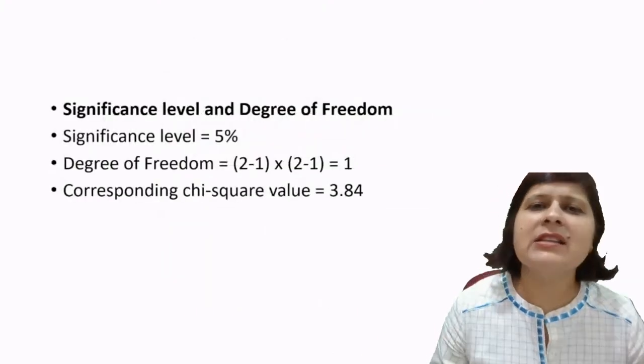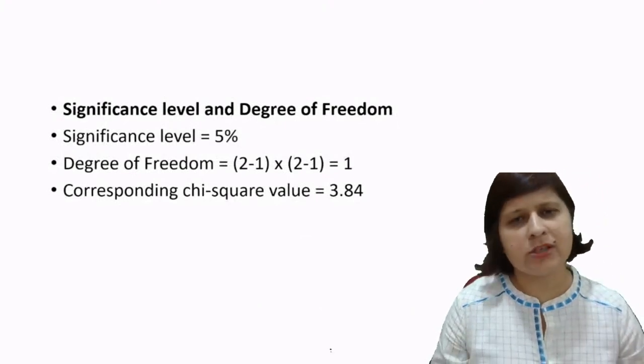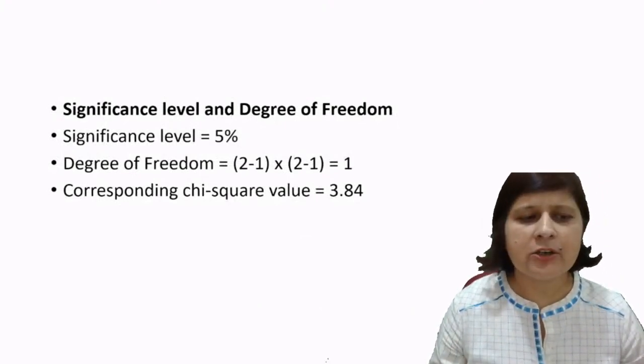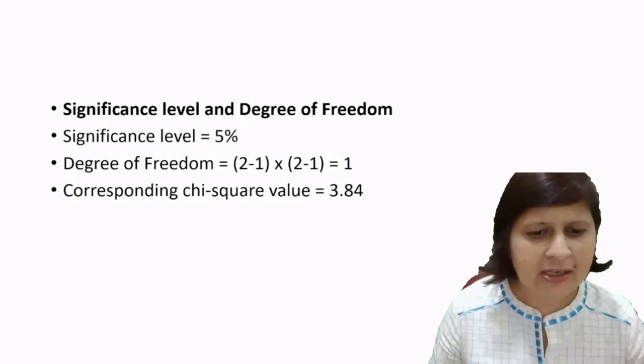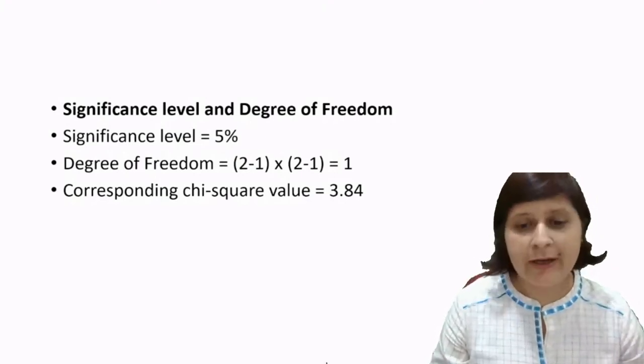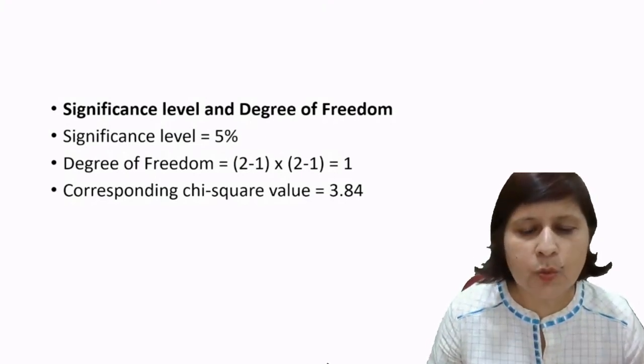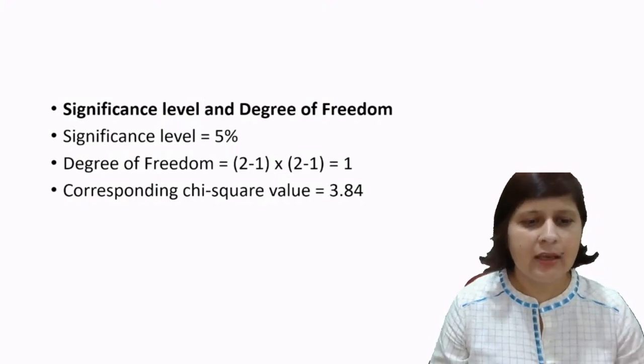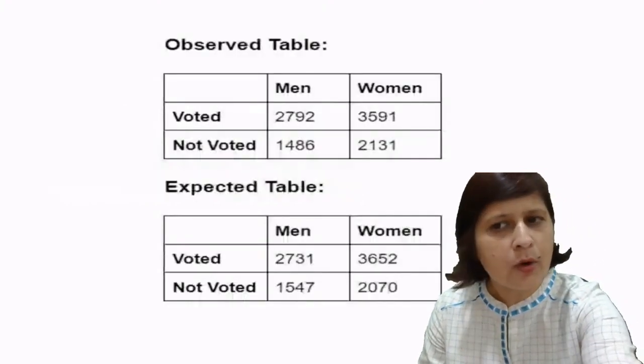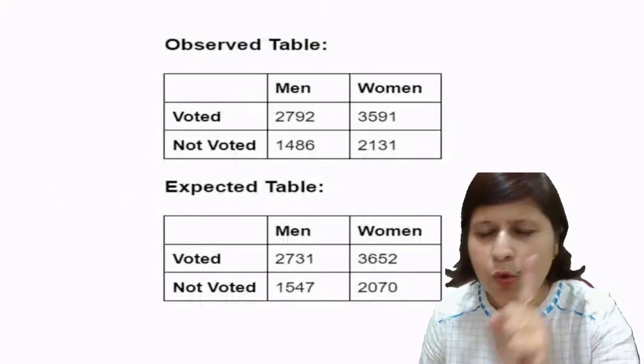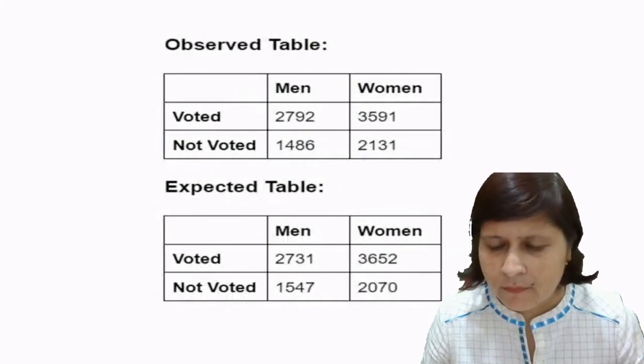So significance level and degree of freedom: I want to check it at the 95% confidence level, or at the 5% significance level. Degree of freedom is what? It is (r minus 1) multiplied by (k minus 1). There are two classes, men and women, so 2 minus 1, right?